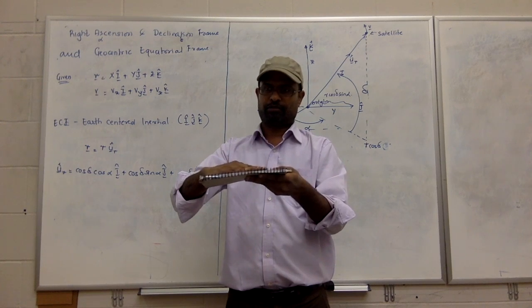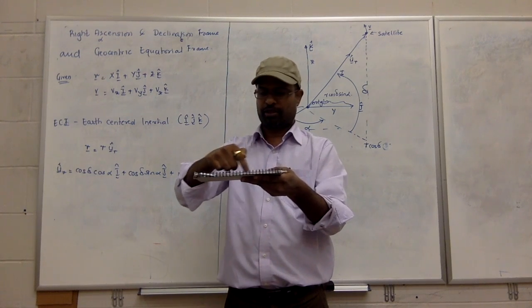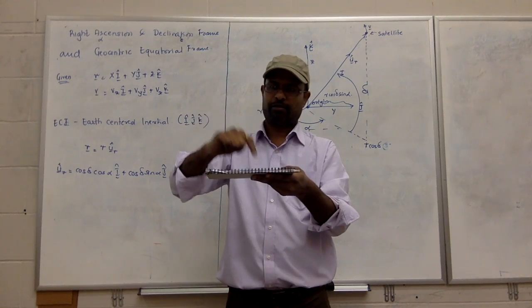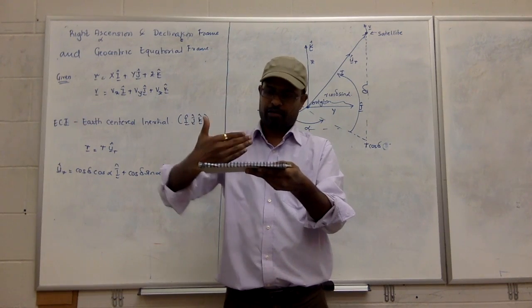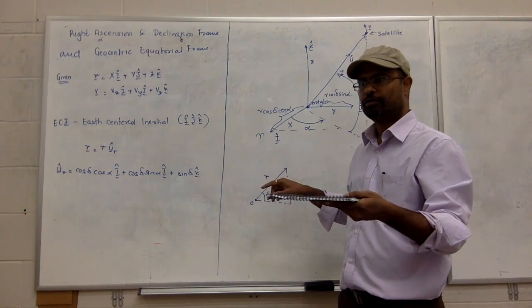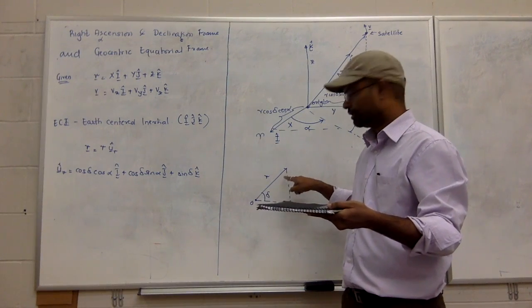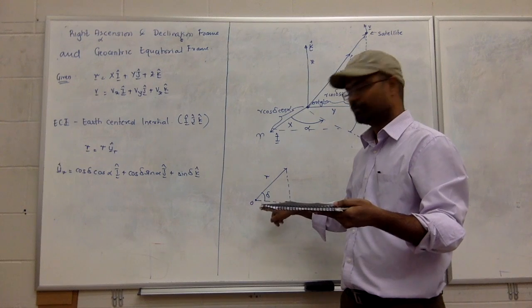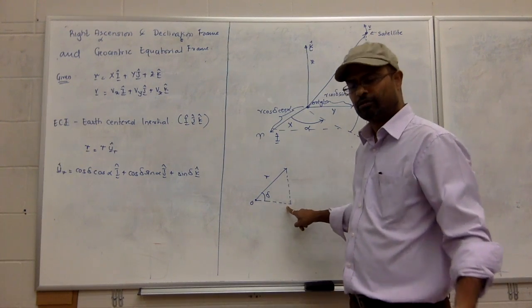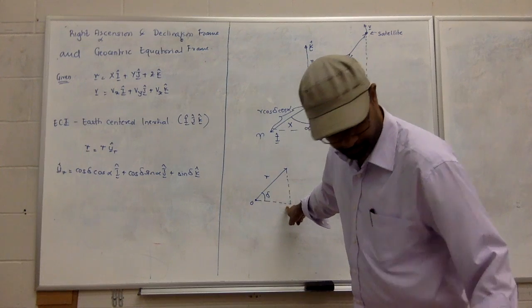This is the projection. The projection is this line. I have taken this plane and projected it onto this board. This is R, this is delta. This would be R cosine delta, right?